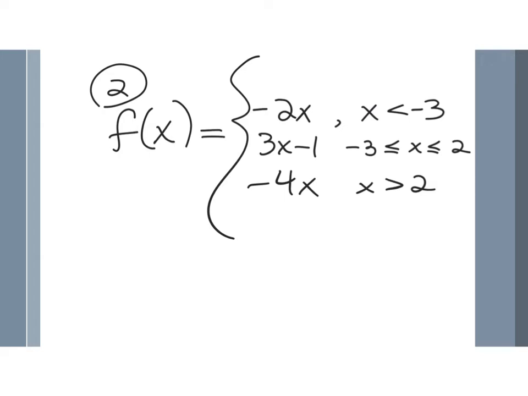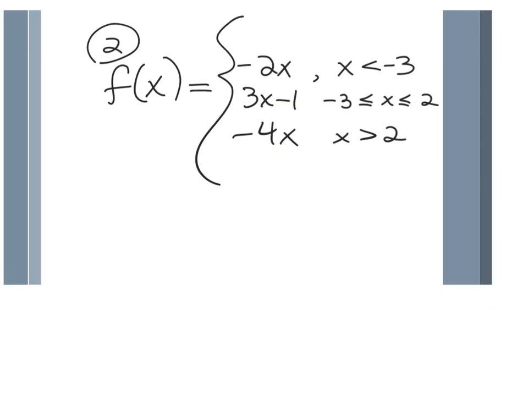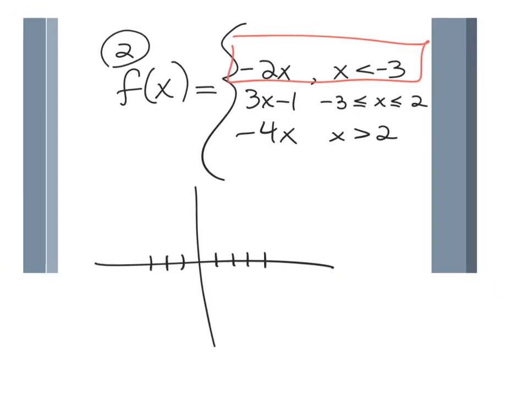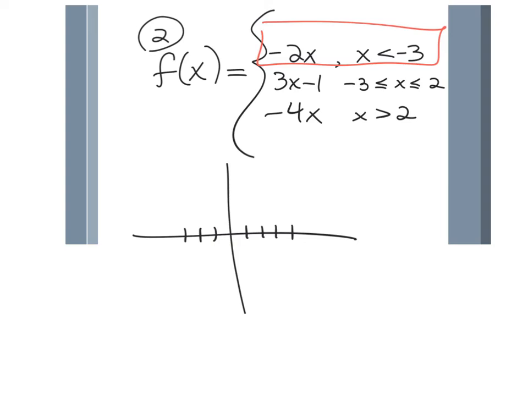So really what we're doing is we're dividing up our graph. Let me draw a coordinate plane here. 1, 2, 3. 1, 2, 3. All right, so for the first one, I'm going to plug in -3 because that's going to be like my starting point, and then it'll be everything that's less than that.